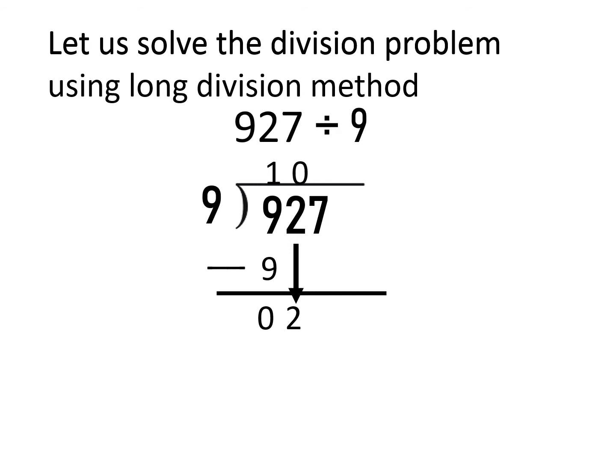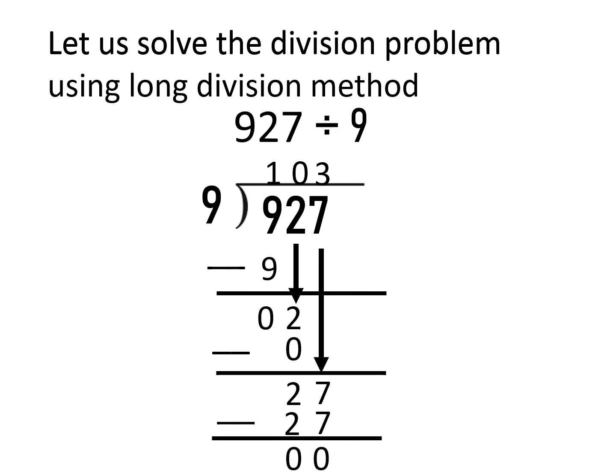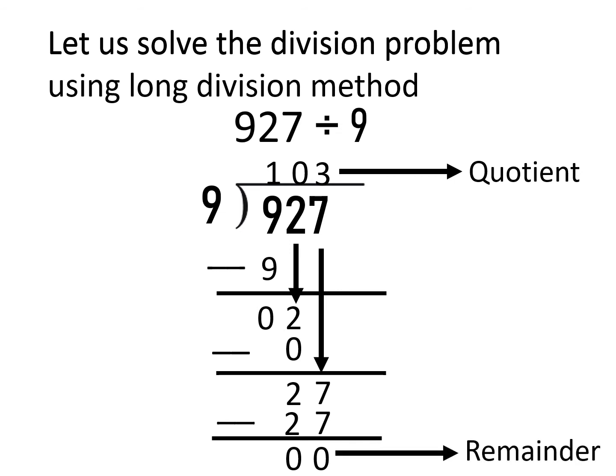So keep 0 in the quotient place and put the 0 down and subtract to get 2. Now bring down 7, which becomes 27. 9 taken 3 times is 27, which leaves the result 0. 103 is the quotient and 0 is the remainder.